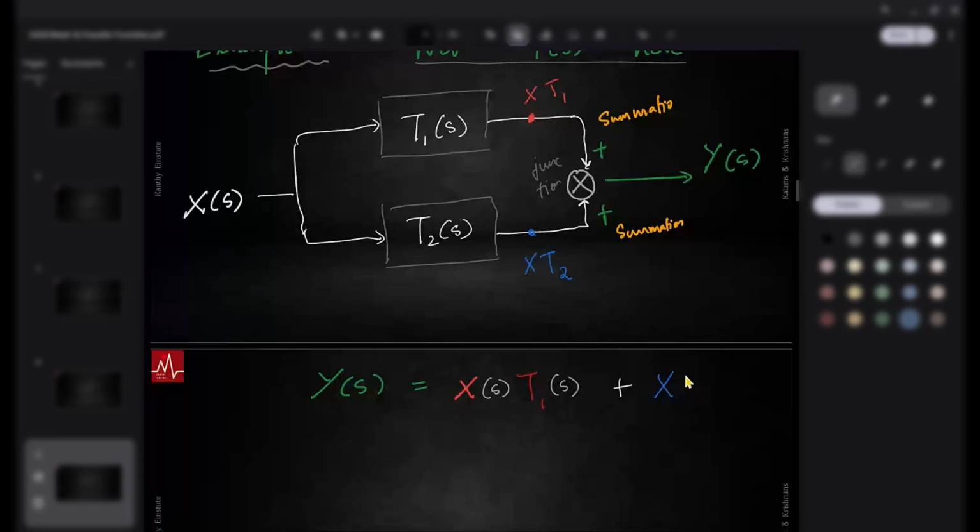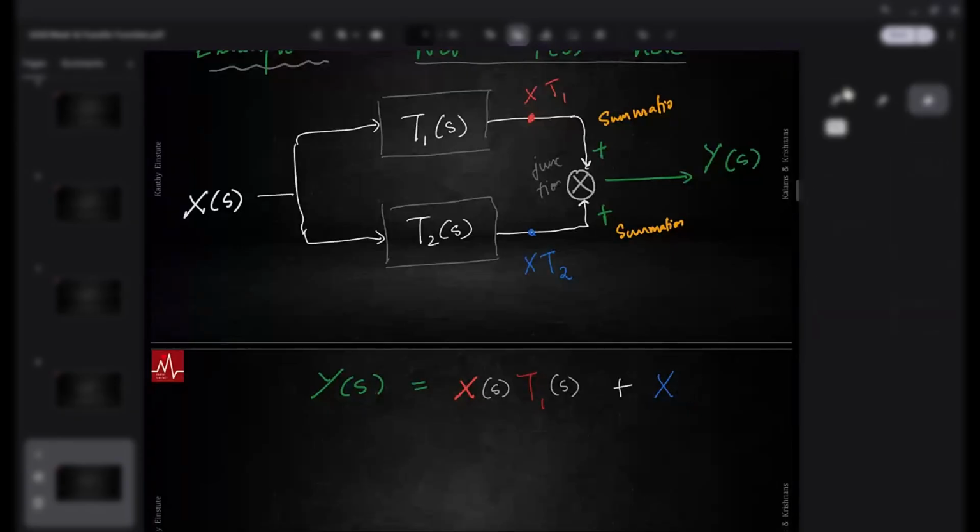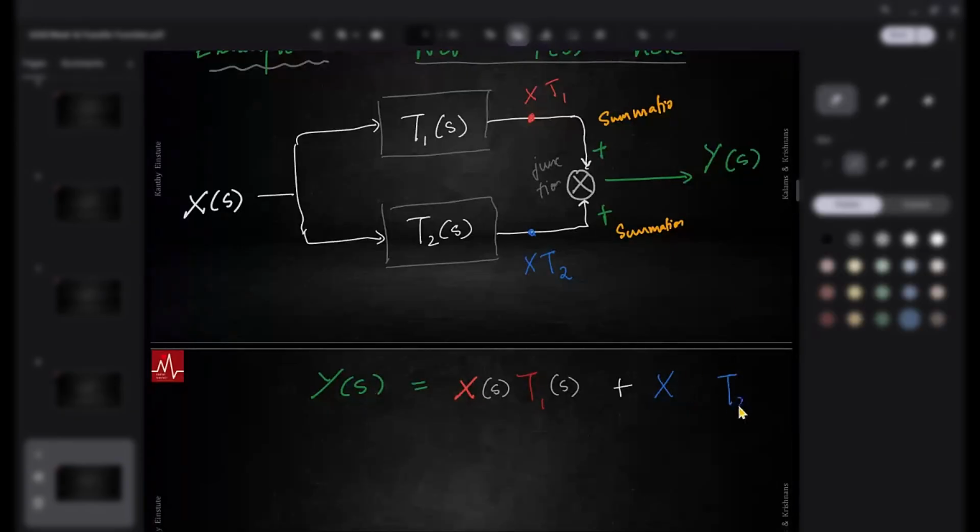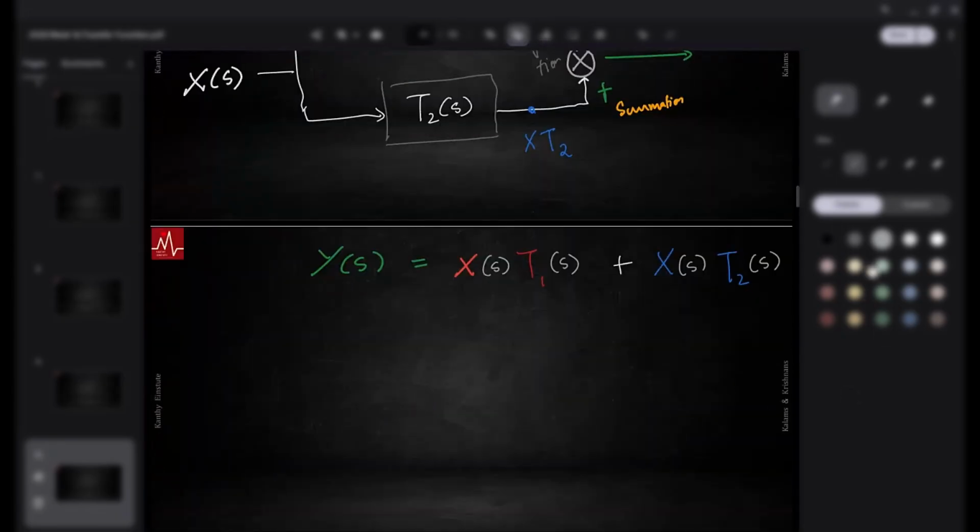You take x, then it goes to T2, right? This x is not explicitly written. This is your net Y of s. So your T of s, by definition, is the ratio of output to input.